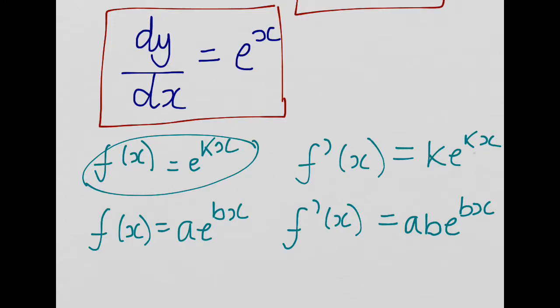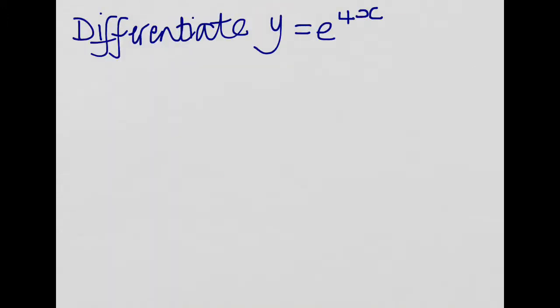So now let's actually put this into some examples and use it. Here I want to differentiate y equals e to the 4x. So dy by dx, I am going to differentiate, but I multiply by the differential of the exponent.